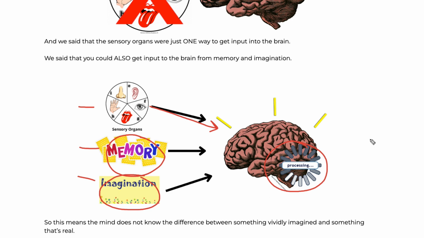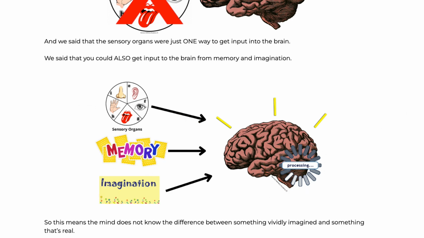What this means is that the body, the mind, doesn't actually know the difference between something that is vividly imagined and something that is real. Think about that for a second. Sometimes you watch a scary movie and all of a sudden you're sitting in your bedroom imagining that there is a monster in the closet. Is there actually a monster in the closet? Probably not.